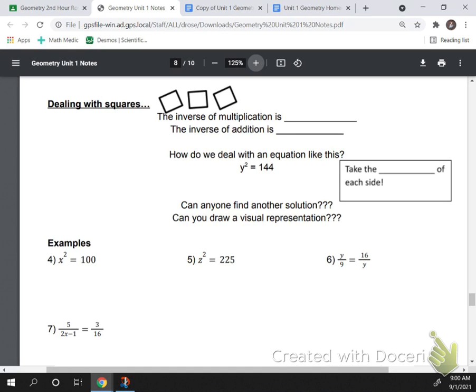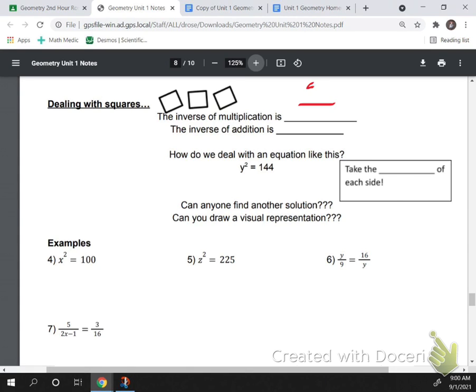We kind of saw a problem like this in the homework yesterday, so let's all look at this together, please. Because we had a lot of questions about what happens when I have something squared. Let's first think about the inverse of multiplication. What's the opposite of multiplication, Josh? Division. Great, let's write that in.